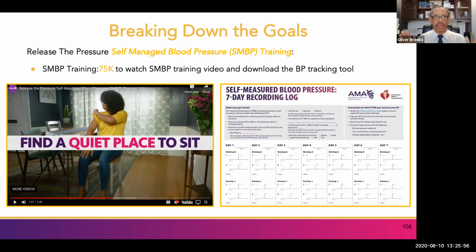Find a quiet place, don't cough, take it more than once, do it morning and evening, and then log it. So again, a strong focus on self-management, the concept of taking control of your own health. Next slide.